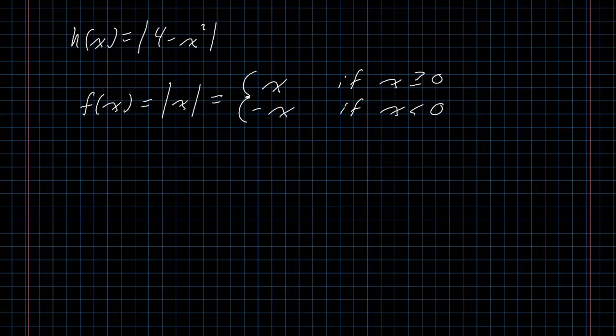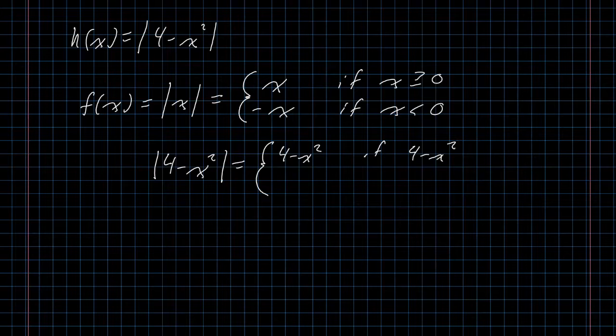And so, by evaluating this at another argument, the absolute value of 4 minus x squared should be equal to the piecewise defined function 4 minus x squared if 4 minus x squared is greater than or equal to 0, and the opposite of 4 minus x squared if 4 minus x squared is less than 0.